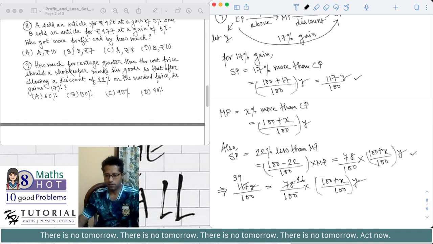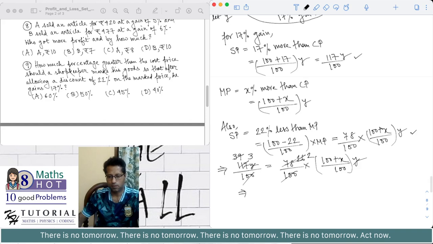We can cancel this 100 and this 100. We can also cancel further 39 and 26 by 13. If you divide 39 by 13, it is 3, and if you divide 26 by 13, it is 2. So the equation gets simplified to 3 equals 2 multiplied by 100 plus x divided by 100.